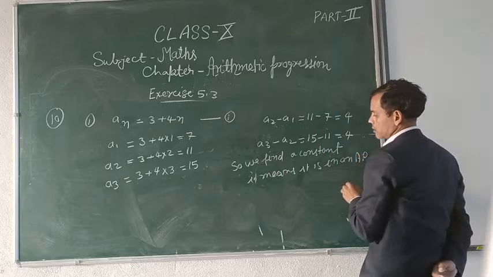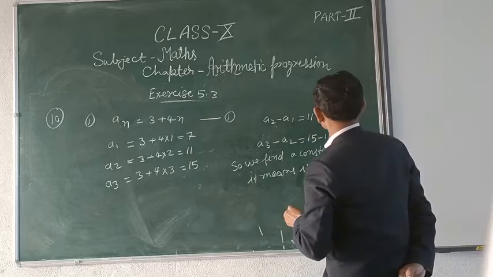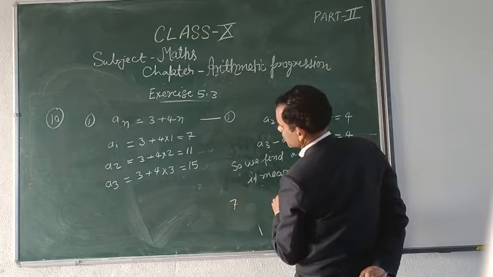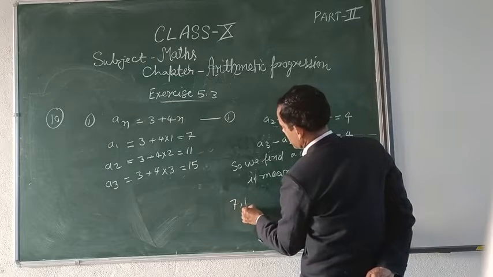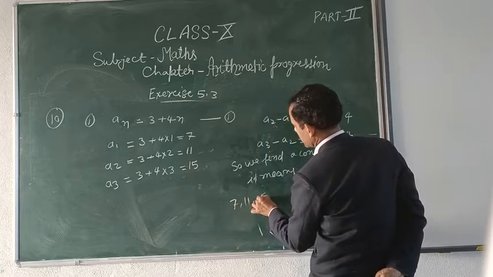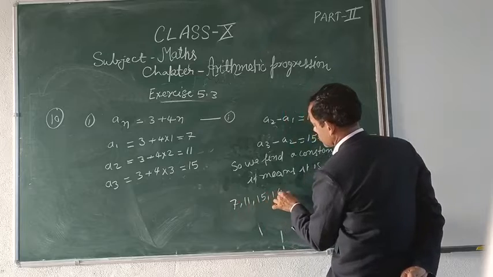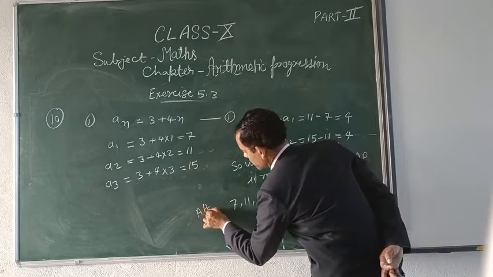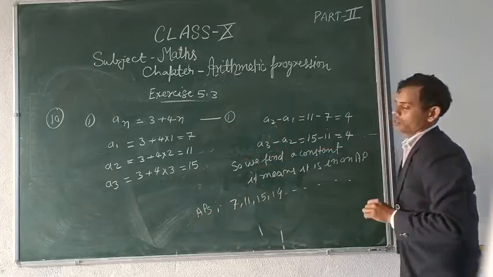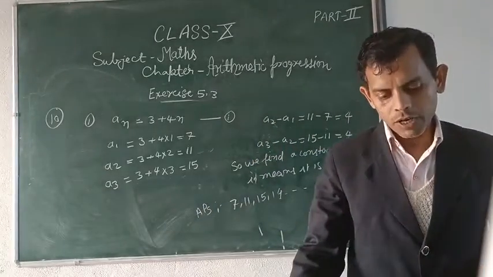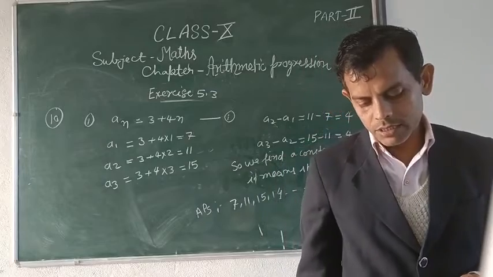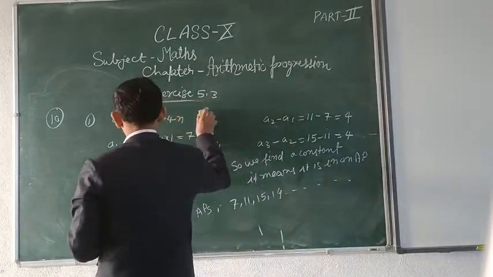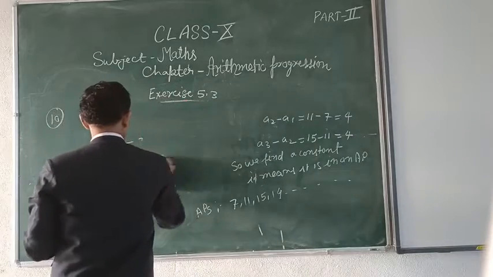So our AP is 7, 11, 15, 19, and so on. These are our APs. Okay. And we also have to find the sum of the first 15 terms. Okay, sum of the first 15 terms.